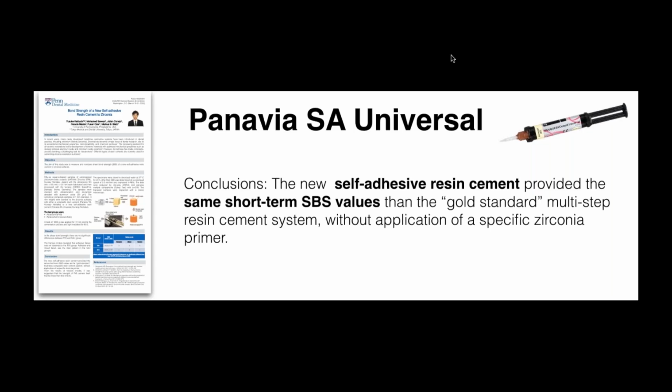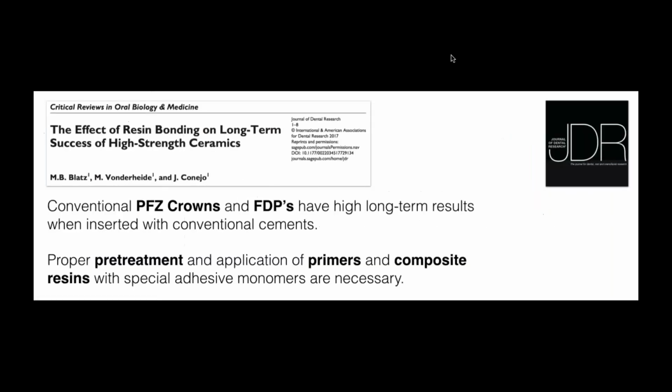Some of these self-adhesive resin cements, like Panavia SA Universal, provide the same short-term shear bond strength values as the gold standard multi-step resin cement system. So it's pretty nice to see how technology is advancing on the side of adhesive dentistry and resin cements to be able to provide good bonding to zirconia in a maybe quicker workflow.